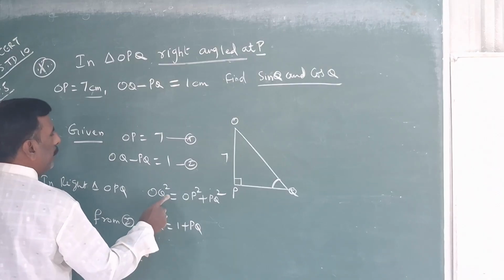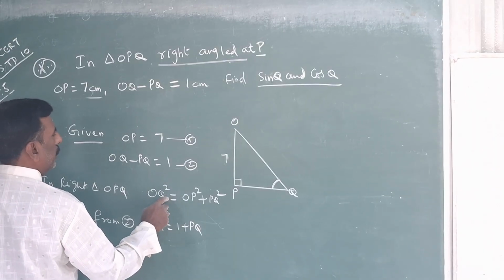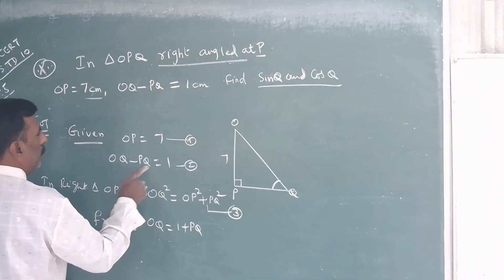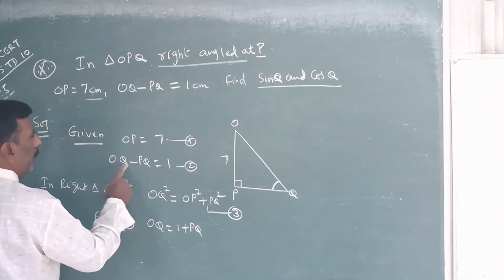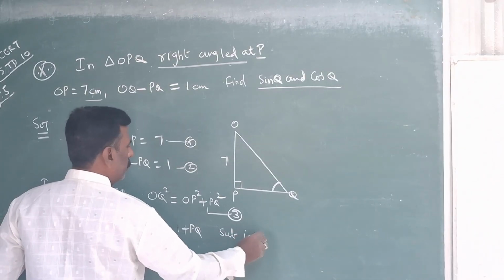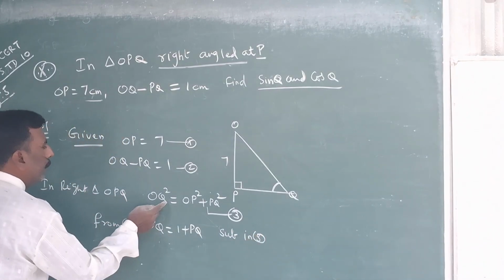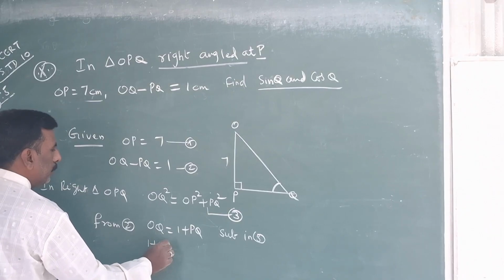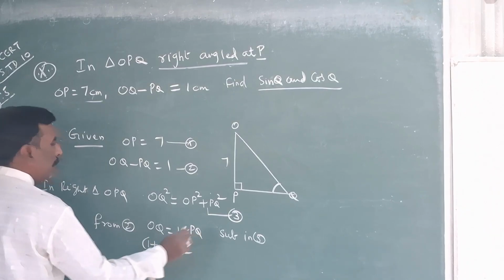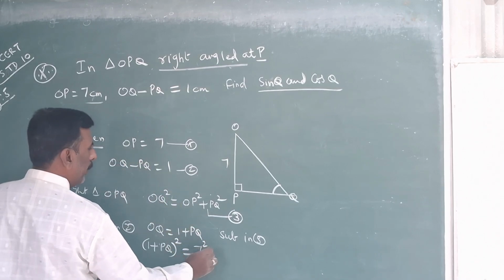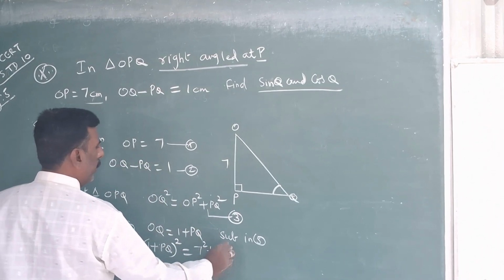I am going to put this value in this equation. Substituting in 3, replacing this OQ as 1 plus PQ, we have 1 plus PQ whole squared equal to OP squared, which is 7 squared, plus PQ squared.